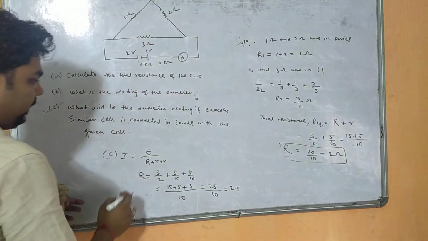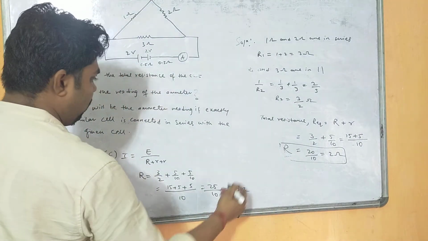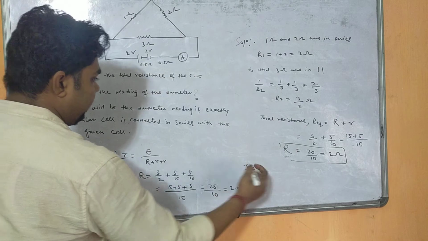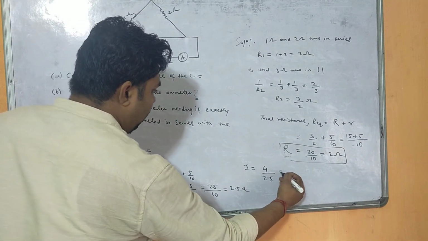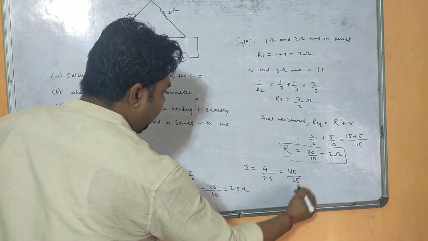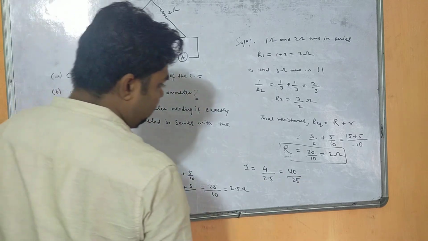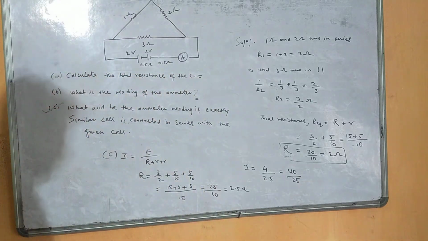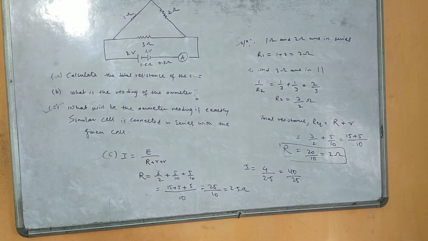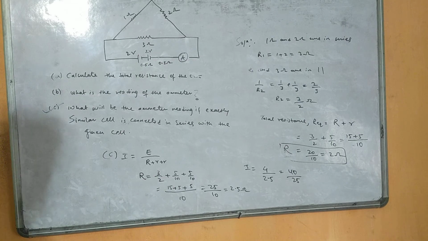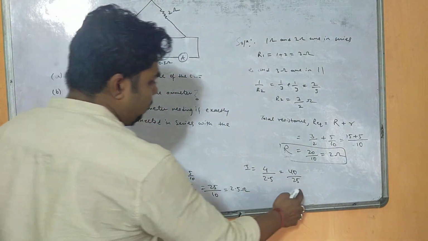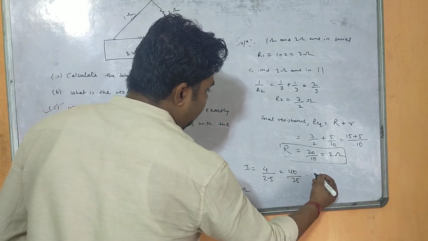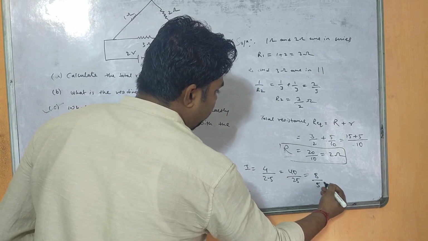Now after getting resistance 2.5 ohm, what will be the current? Current is 4 by 2.5, or 40 by 25. So total current equals total EMF by total resistance. Removing the point, 5 8s are 40, 5 5s are 25.